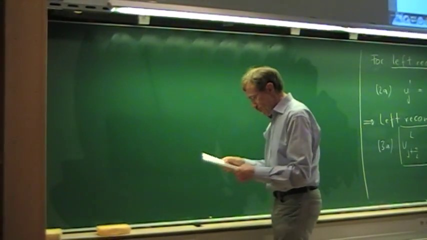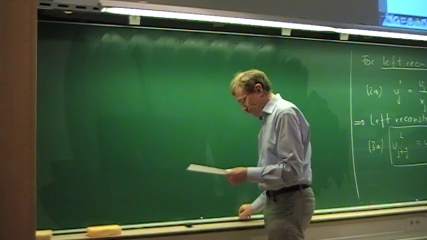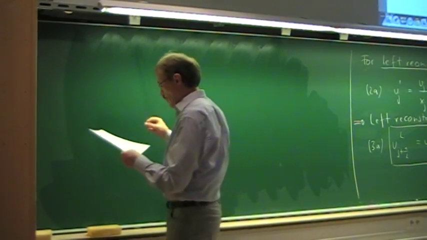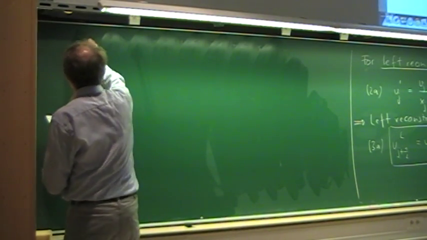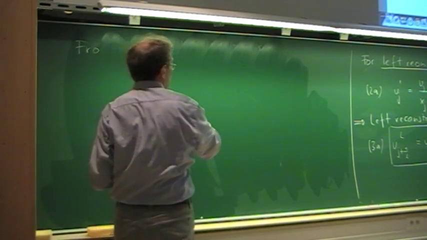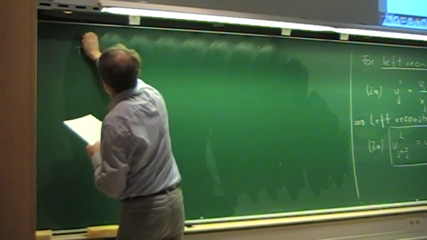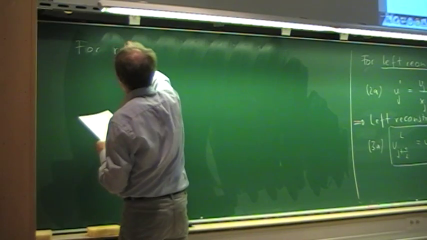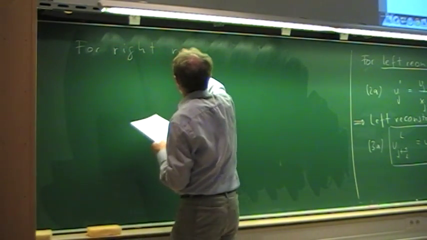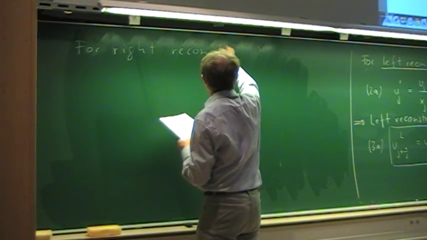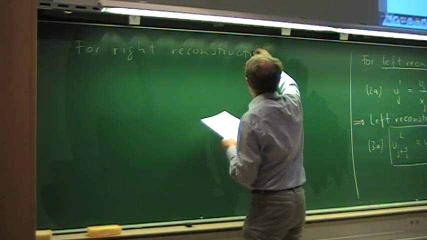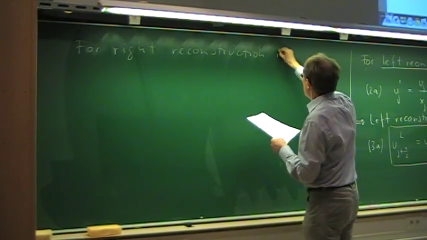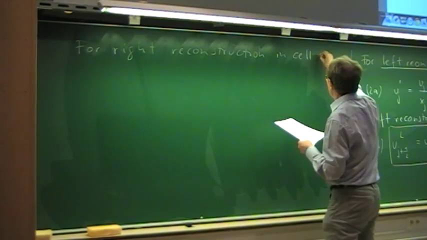So then we do the right reconstruction. For right reconstruction, and that we do in cell j plus 1.